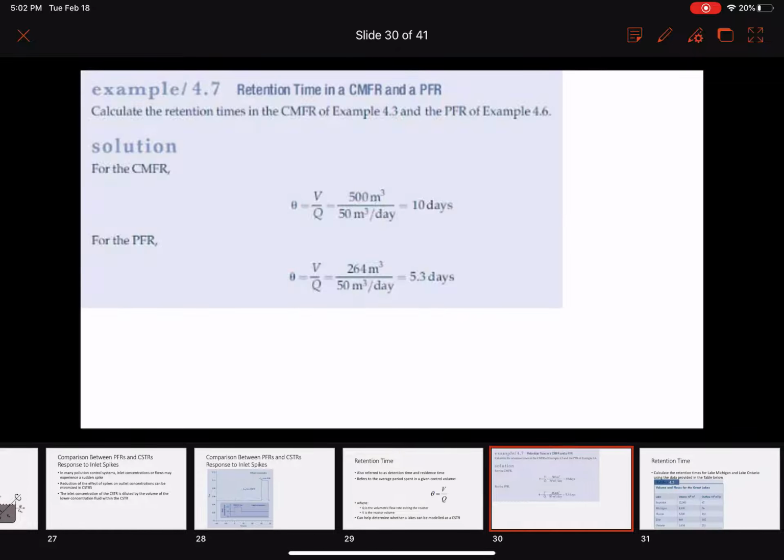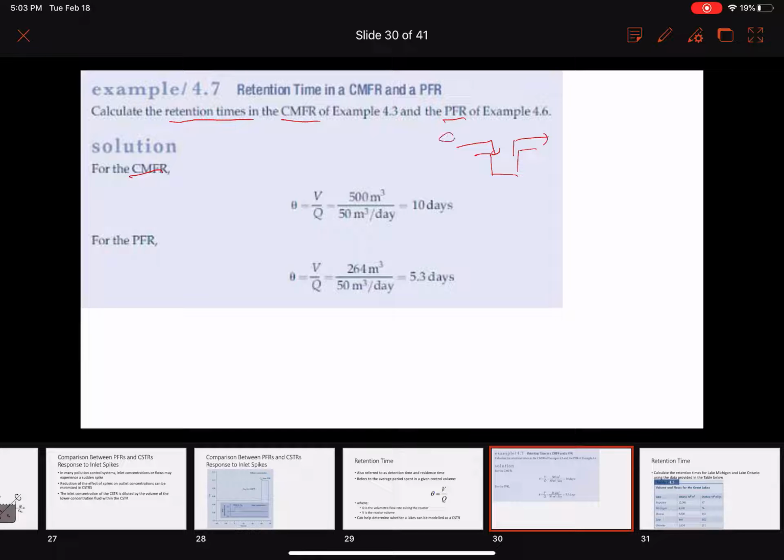Okay? Let's look at this. Here you need to find the retention time in a CMFR, as in the example given before, and the plug flow reactor of examples 4.6 and 4.3. For the CMFR, remember the tank was like this.